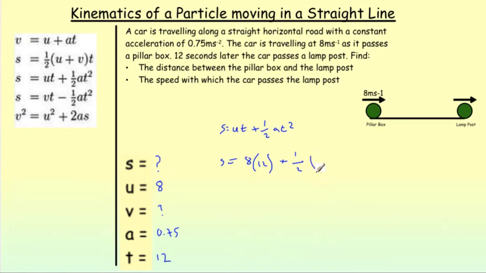Well, a is 0.75, and that's all multiplied by t squared, and t is 12, so multiplied by 12 squared. And when we put all that into the calculator, we end up with s is equal to 150, and that's going to be in meters. s is 150 meters.